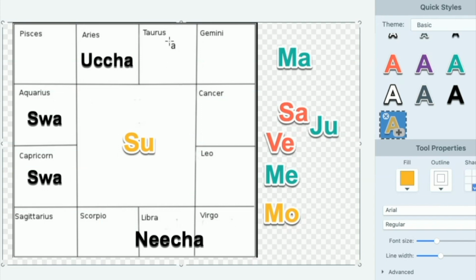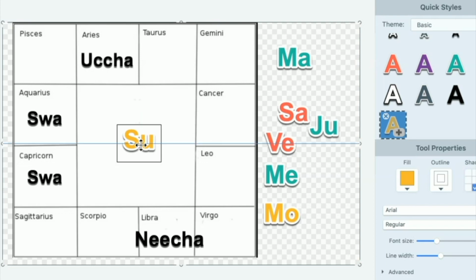If you look at the opposite signs like Taurus and Scorpio, Mars and Venus are not friends either. Gemini and Sagittarius: Mercury rules Gemini, Sagittarius is ruled by Jupiter. They're not friends. So planets that are opposite each other are not friends.